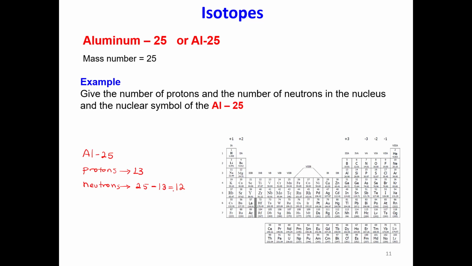And now the nuclear symbol. To write the nuclear symbol, we write the symbol of the element. In the bottom part, we write the number of protons or the atomic number. And in the upper part, we will write the mass number, which is 25. Then for aluminum-25, the number of protons is 13, the number of neutrons is 12, and this is the nuclear symbol for this isotope of aluminum.